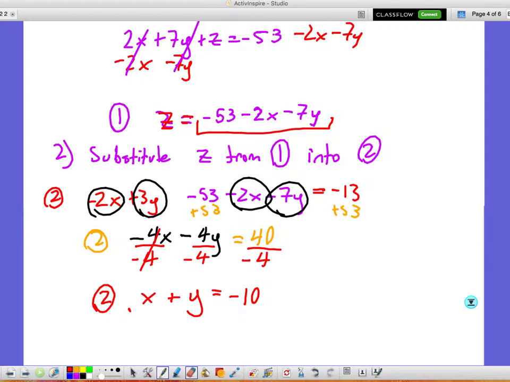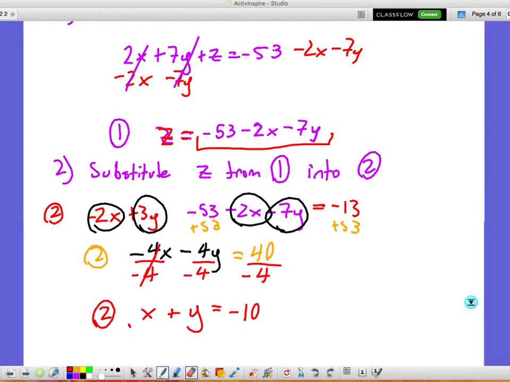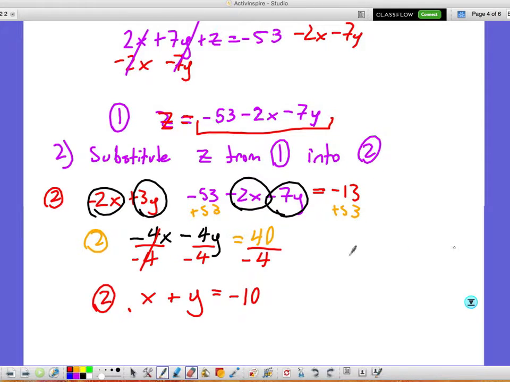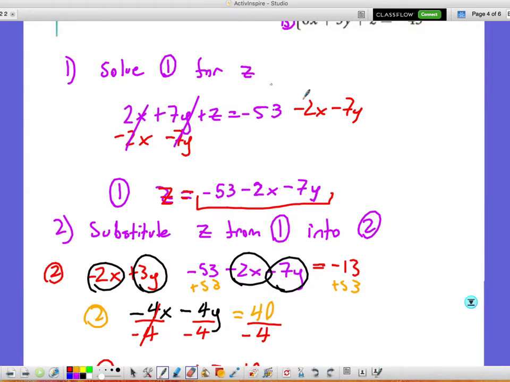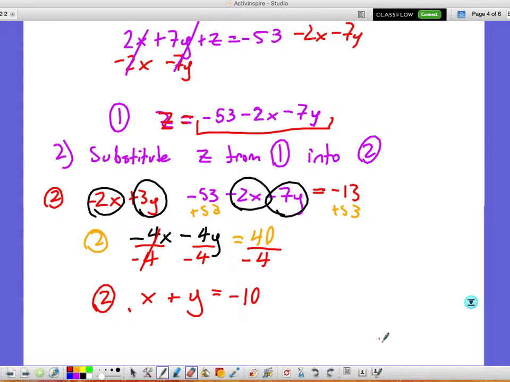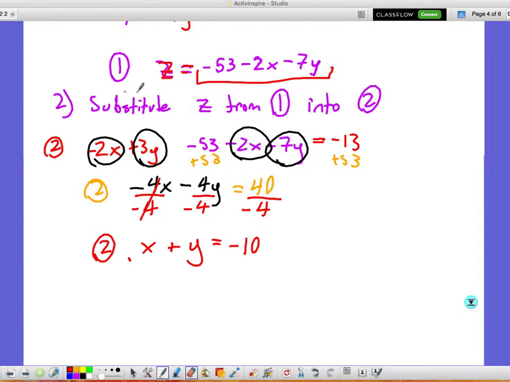Now I want to solve for y in the second equation. I solved for z in the first equation, and in the second equation I want to solve for y. Once I substitute z from the first equation into the second equation, I simplify.